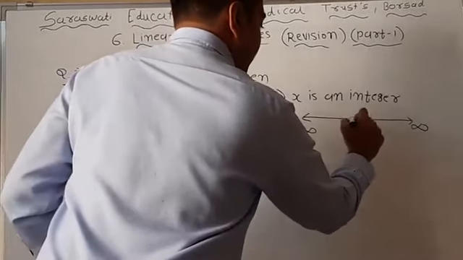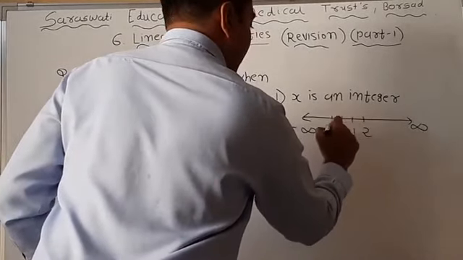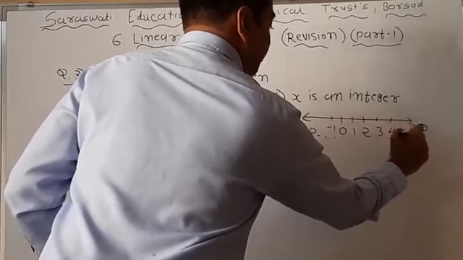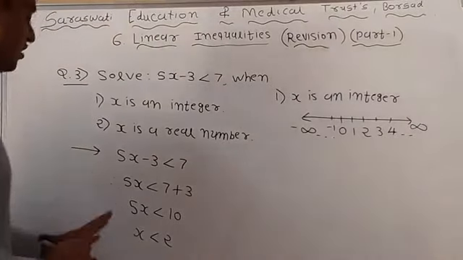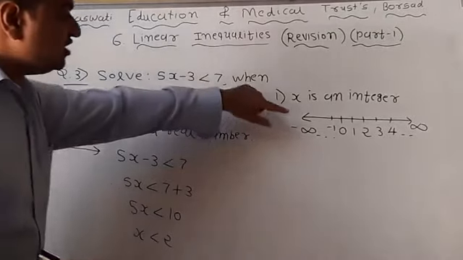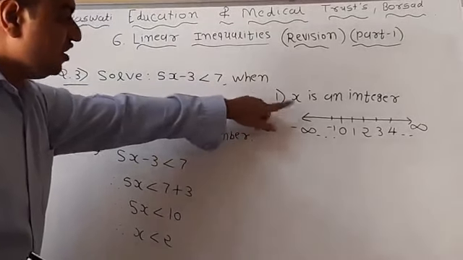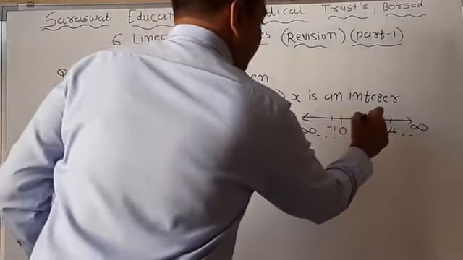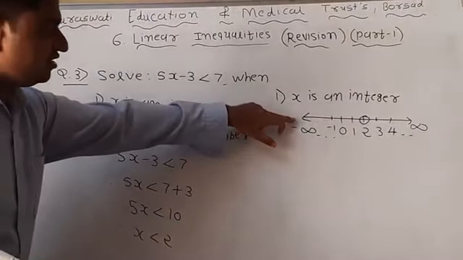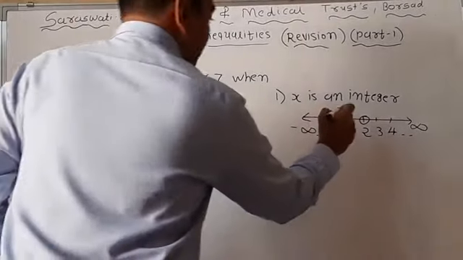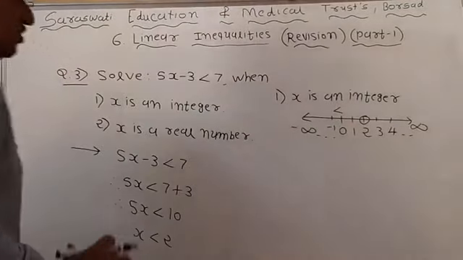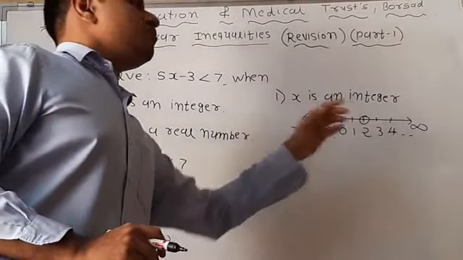Here write 1, 0, minus 1, and here 3, 4, up to infinity. Now x less than 2, the less than sign is on this side. So our answer lies between minus infinity and 2.